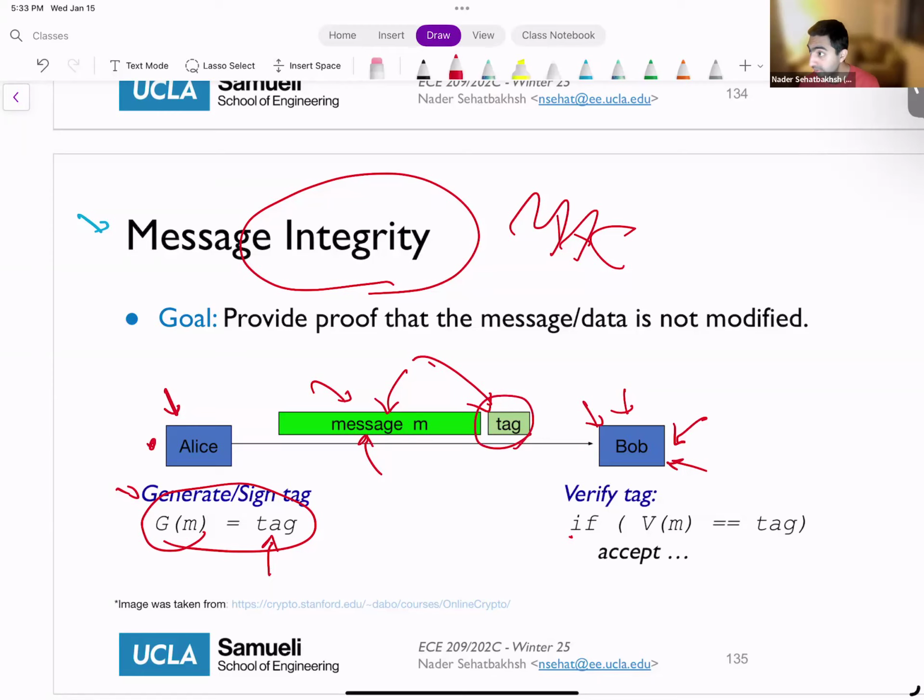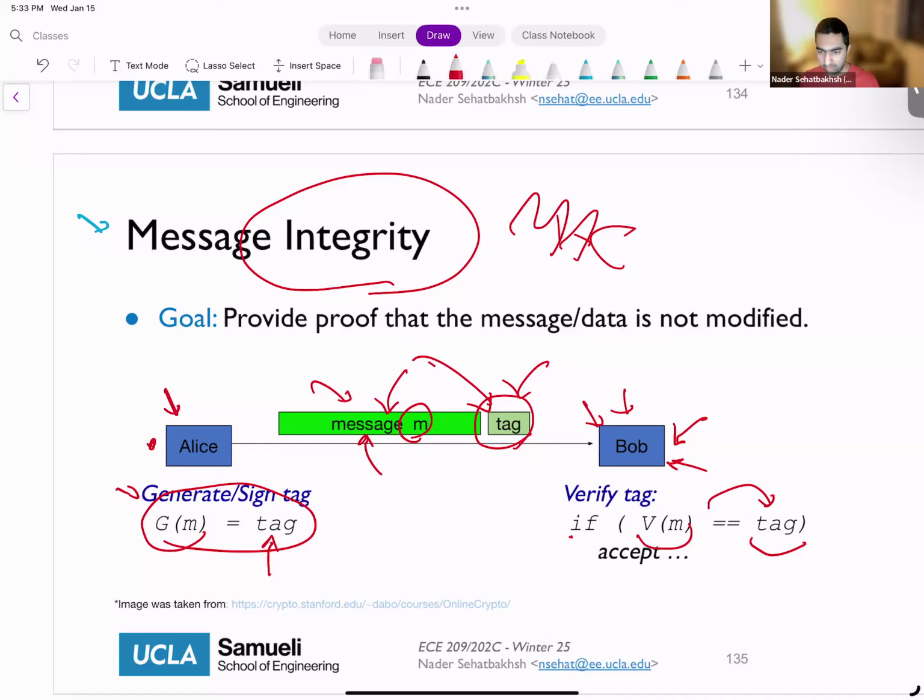How does he check it? He has a verification function that takes M, computes the tag, and sees whether the tag he computed is the same as the tag he received. If these two match, it means the message has not been compromised. Of course, this is a simplistic view, because now the adversary can change things.